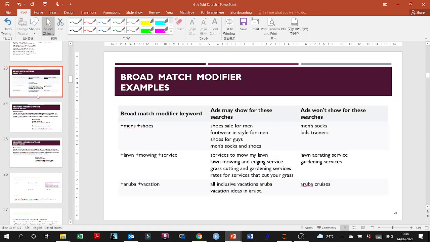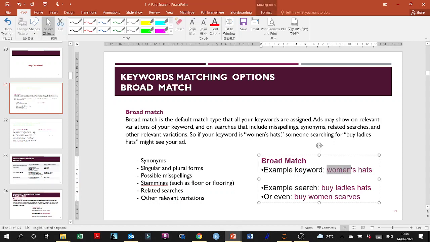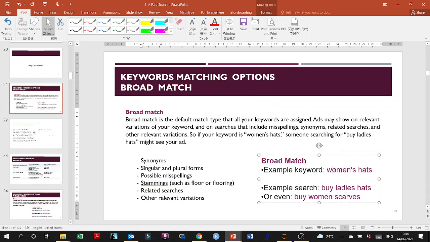So indeed, let's take a look at the broad match. A broad match is anything very closely related, very broadly related. Don't worry about the stemming, the misspellings, plurals, related searches. All that will actually be related. So buy ladies hats will also trigger women's hats. Buy women scarves might also trigger your ad that has this keyword.